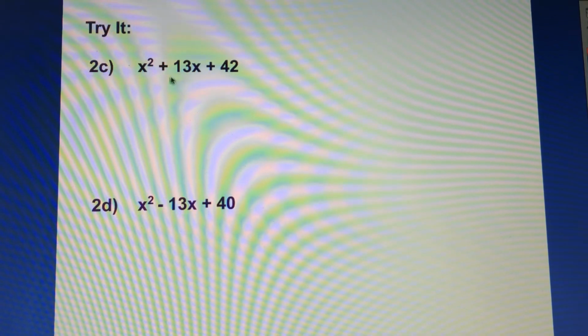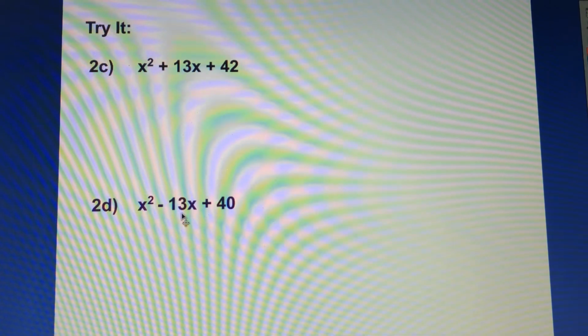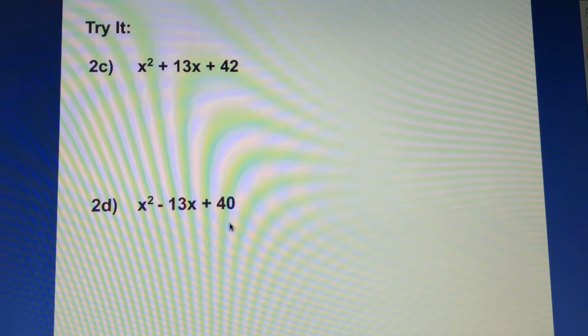Notice that my 13 is positive. I give you a second example. This time my constant is a 40, so I need factors of 40, but when I add the two factors together, they equal negative 13, which means all my factors will be negative.